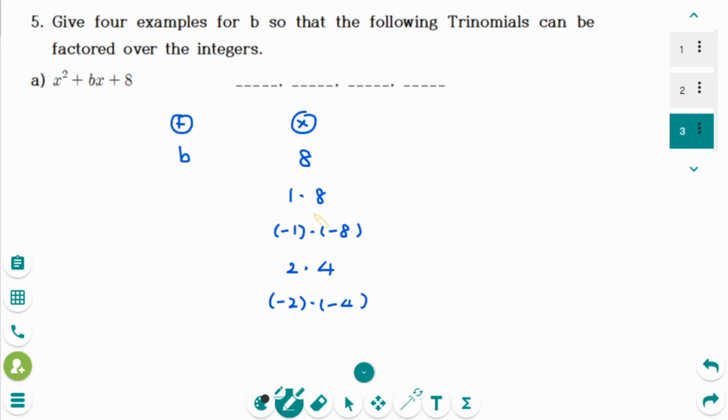So if 1 times 8, then b equals 9 because add them together. And this one, b equals minus 9. And this one, 2 plus 4 is 6. Finally, minus 6. So b can be 9, minus 9, 6, minus 6. That is the answer.